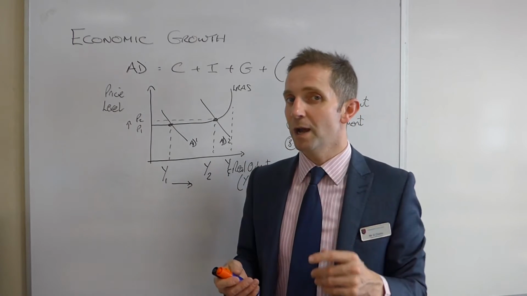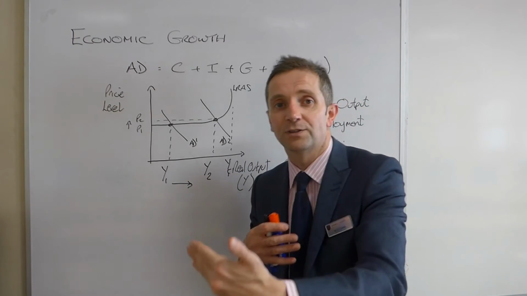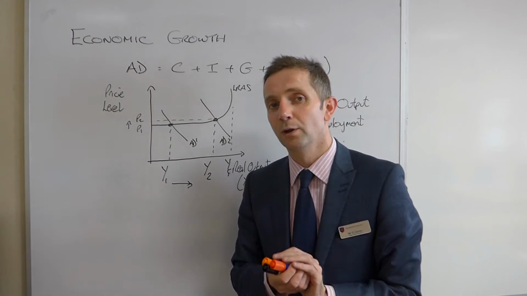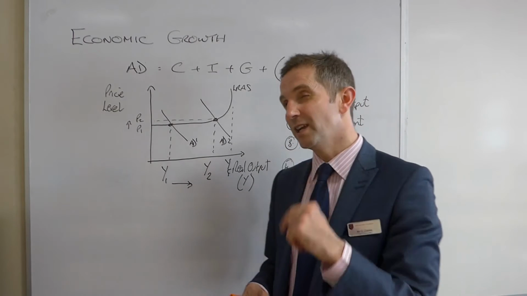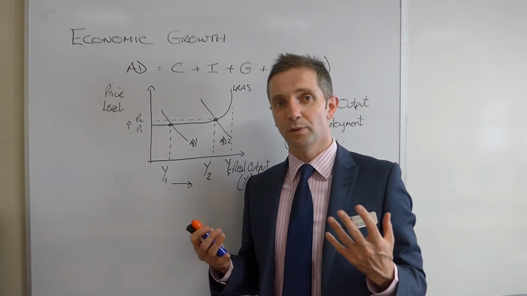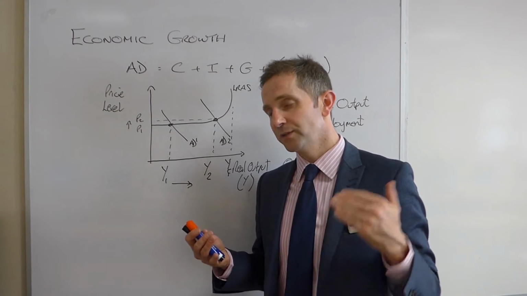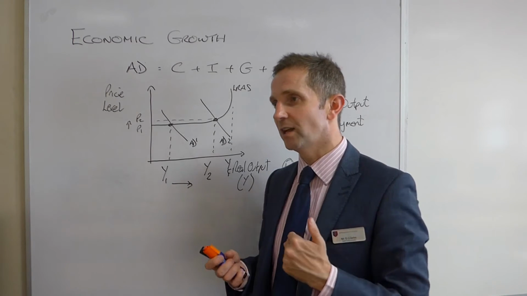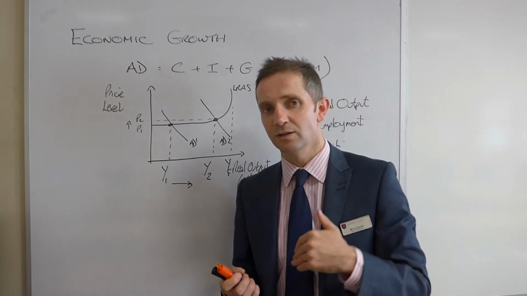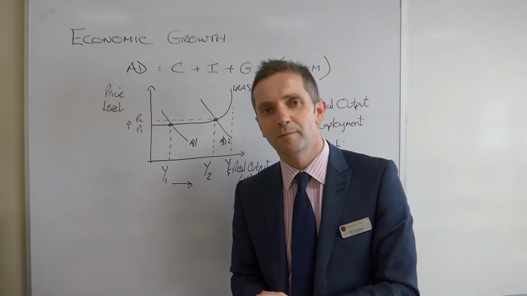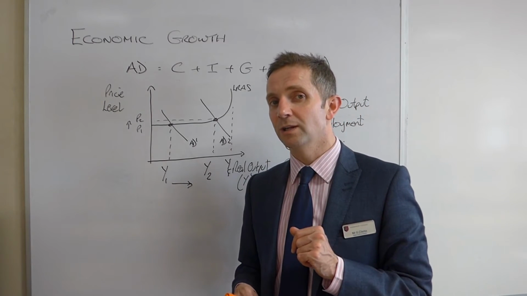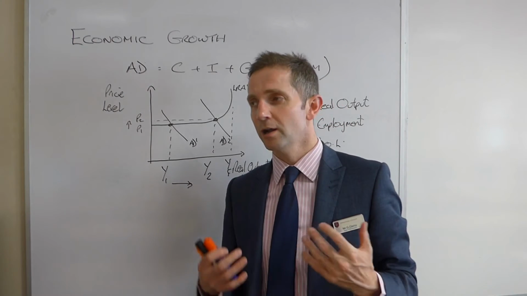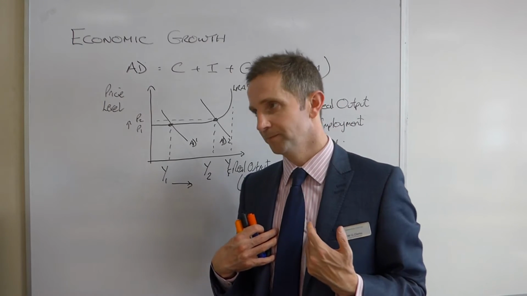If you've got lots of demand for those goods and services, then you need lots of labour, so you get lots of employment. As a note of up-to-date interest, the UK unemployment figure has fallen to its lowest for many, many years. The official stats just out last week show it down to 4.6, 4.7%, and some people would say that is getting very close to our full employment level of output.